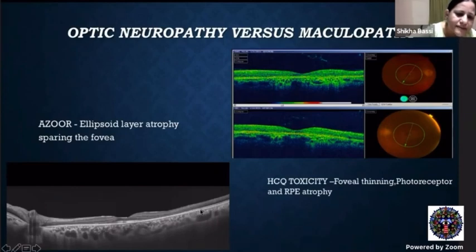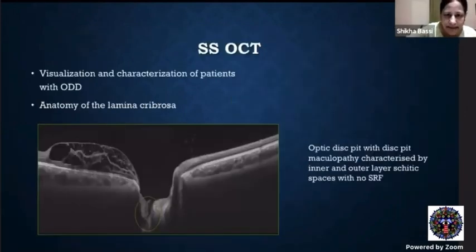This layer just above the RPE has become atrophic and it is sparing the fovea. At the fovea, it's normal. So this is typical of AZOOR. And in HCQ toxicity, you're seeing a foveal thinning and there is a loss of the photoreceptor and RPE layer. So these can be picked up and you can distinguish between the RBN and these maculopathies.